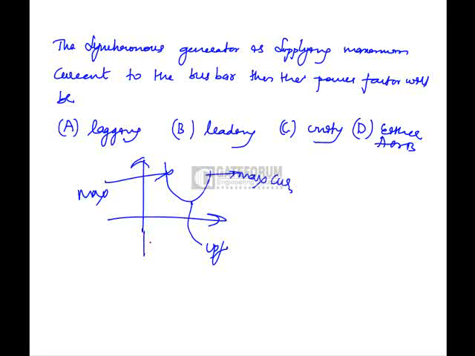Less than the UPF zone you have leading power factor, whereas in the over excited zone we have lagging power factor. So this point comes under the leading power factor zone, this point comes under the lagging power factor zone. So maximum current is possible both in the leading and lagging zone. So either A or B is the correct answer. So option D is right.